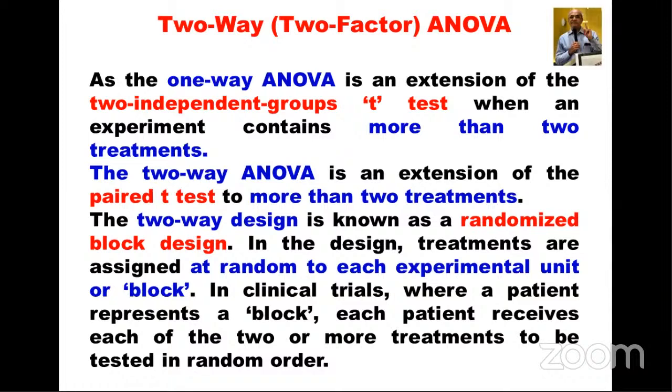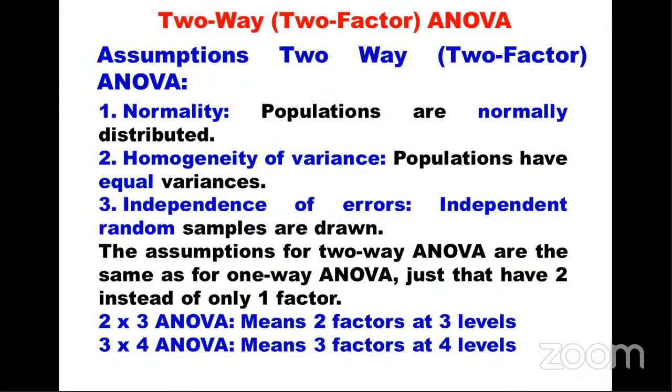The unit is labeled as a block. In randomized design, the treatments are assigned at random to each experimental unit. Each unit is one block, second block, and third block. So it's a randomized block design. In clinical trials, I'm not going into that part, it's not required. Now, assumptions.